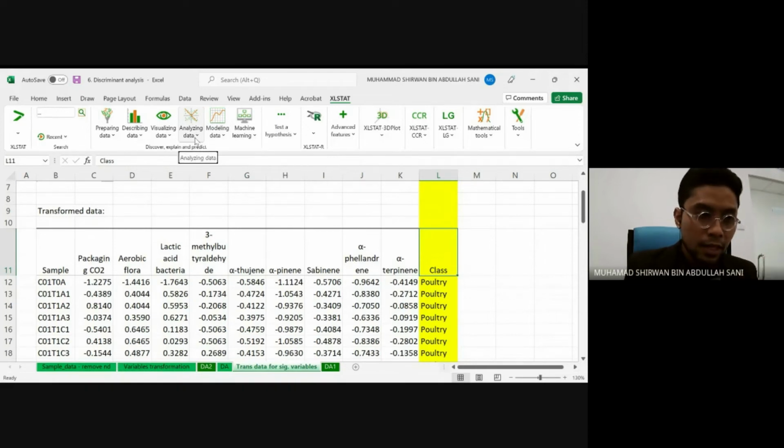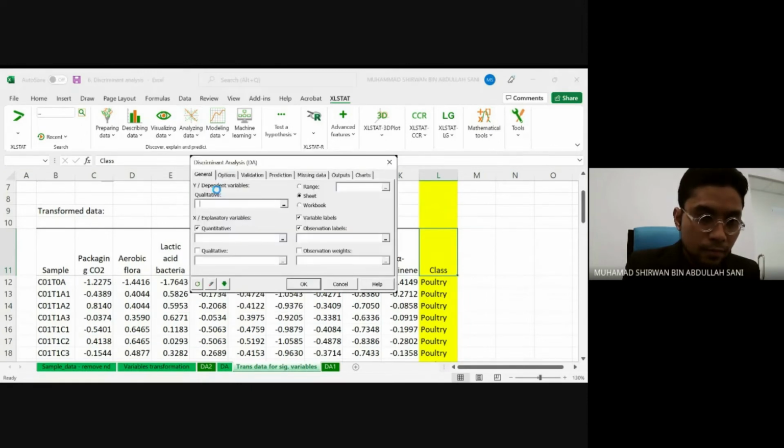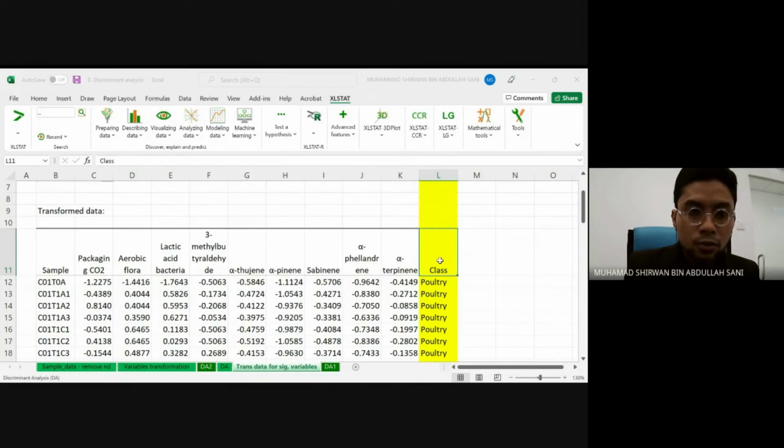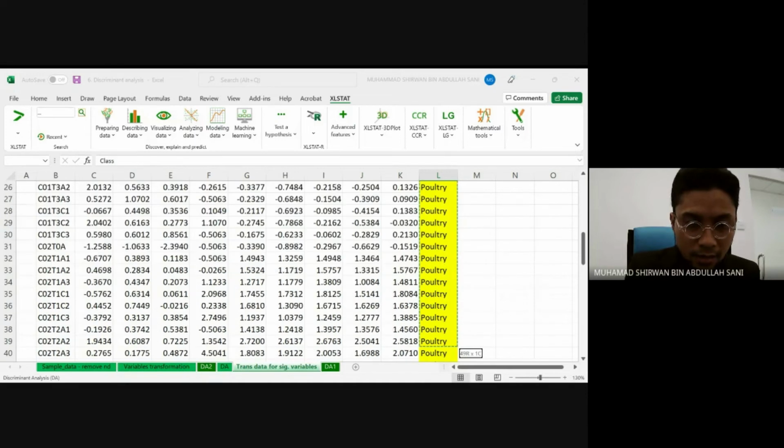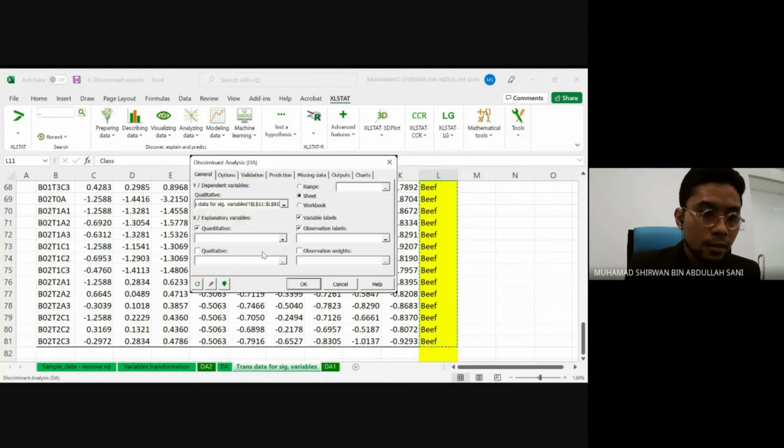Okay, so again, go to analyzing data, choose discriminant analysis, go to Y dependent variables, choose the class title and drag down to the last row. Then for X explanatory variables, again choose quantitative box.